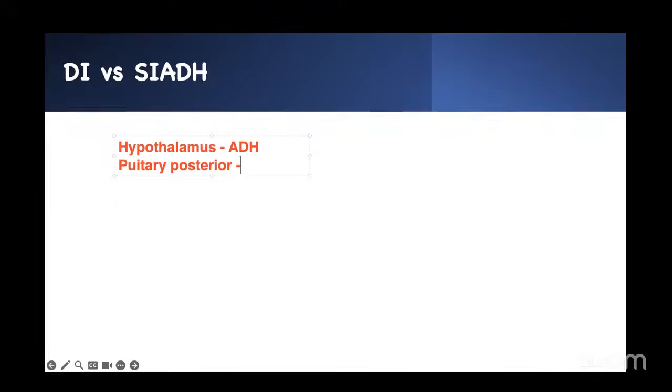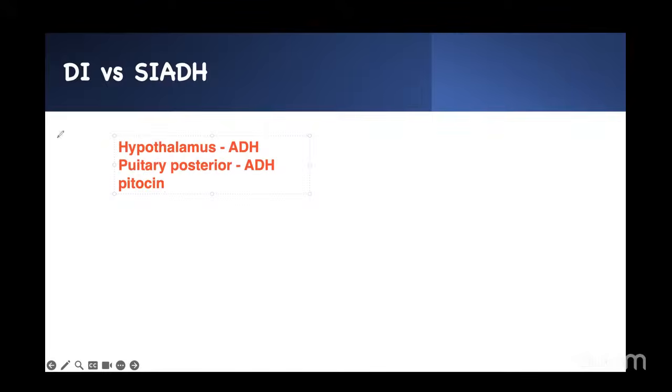It's the same location where you're going to find Pitocin. Pitocin actually behaves like ADH. So they are in the same area of the posterior pituitary. That is the easiest way I can tell you about it. It's part of the posterior pituitary gland in your brain.